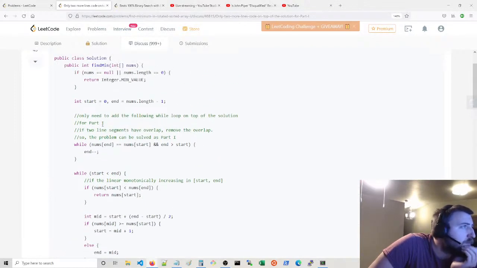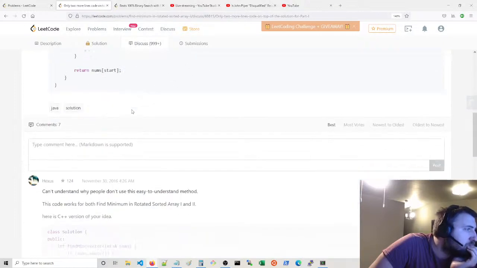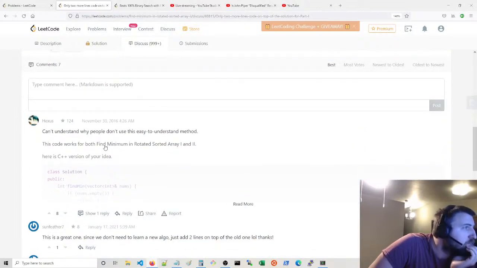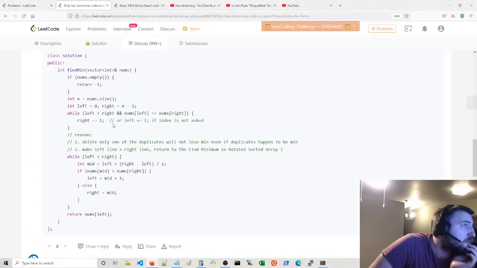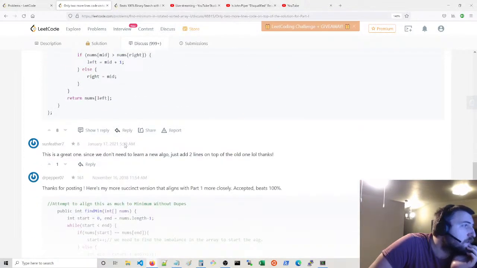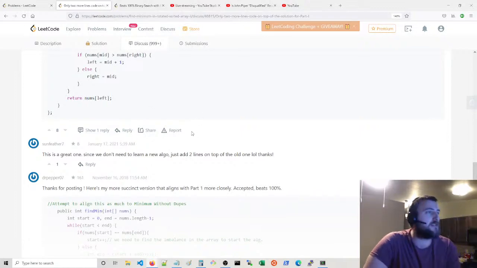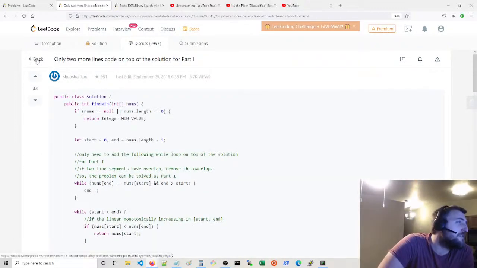Only add on the while loop. Have overlap, remove the overlap.